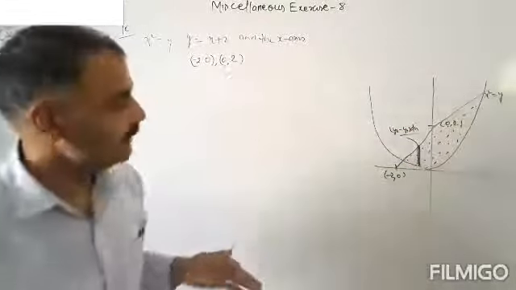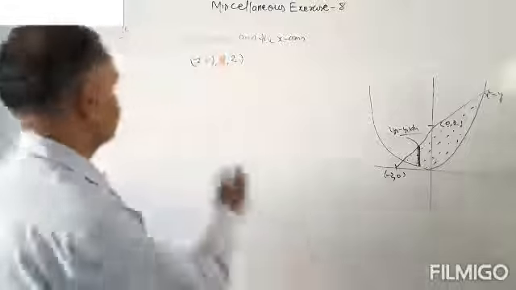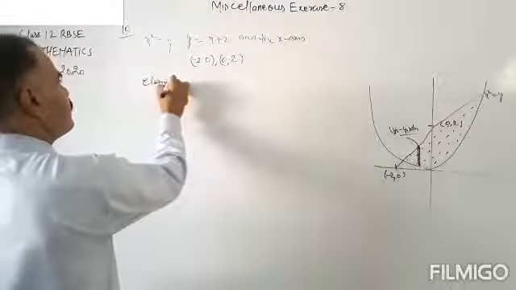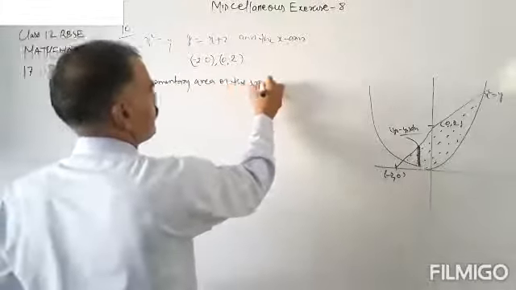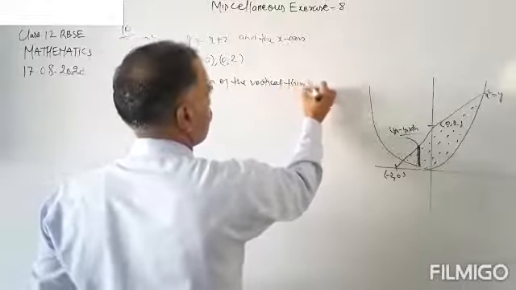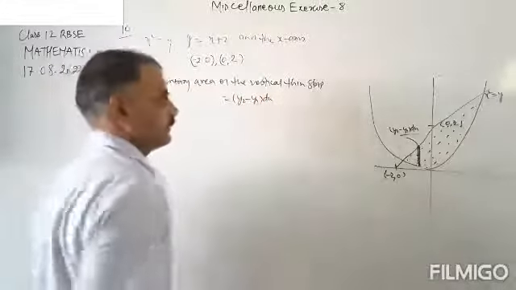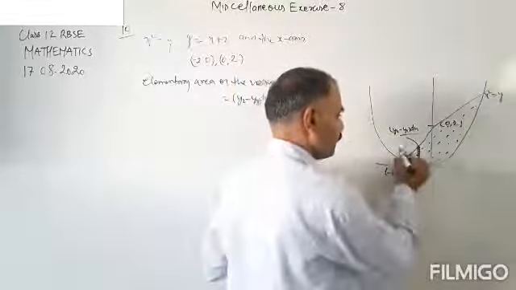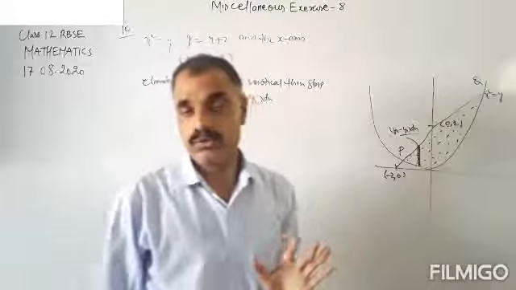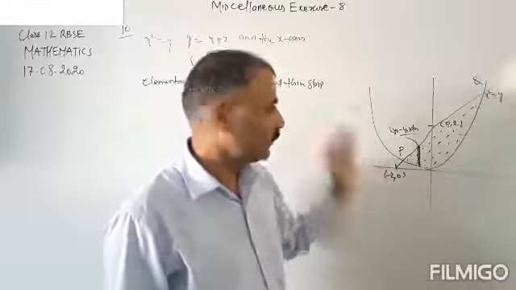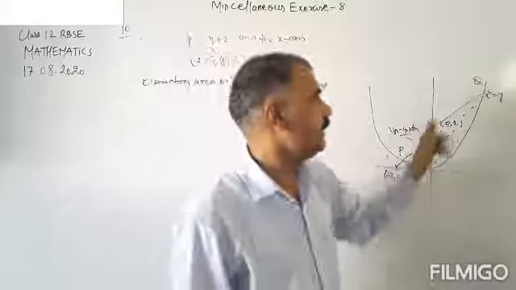This is the elementary area of the vertical thin strip, equal to y2 minus y1 into dx. Now this strip will move from point P to point Q, so we have to find the coordinates of points P and Q.